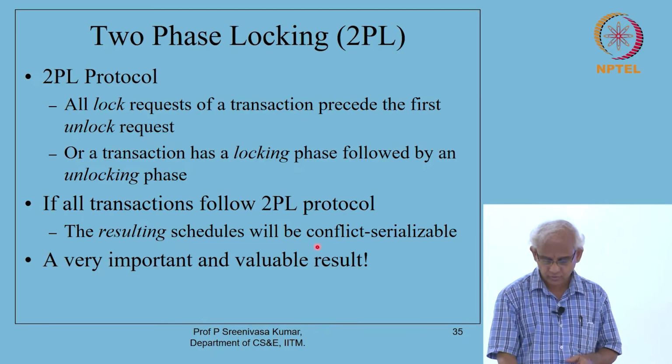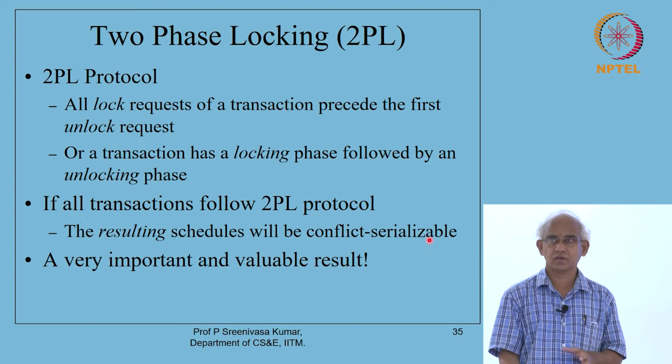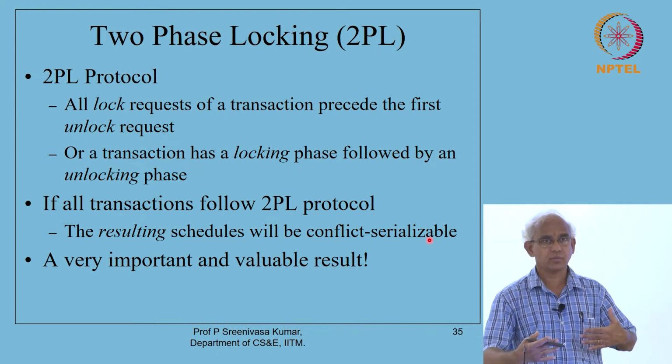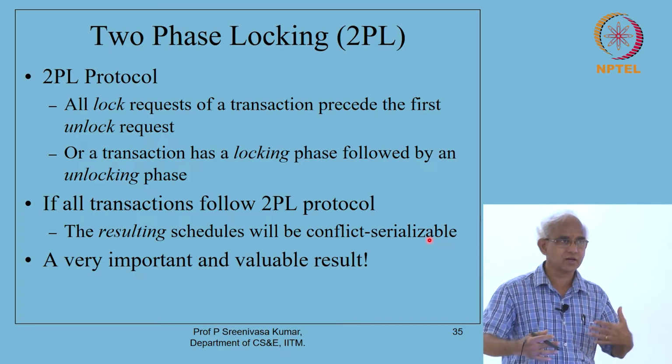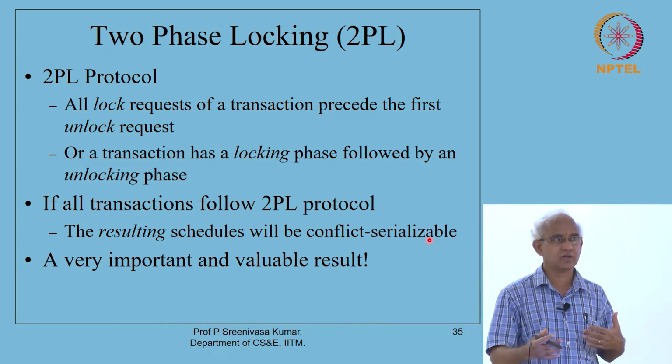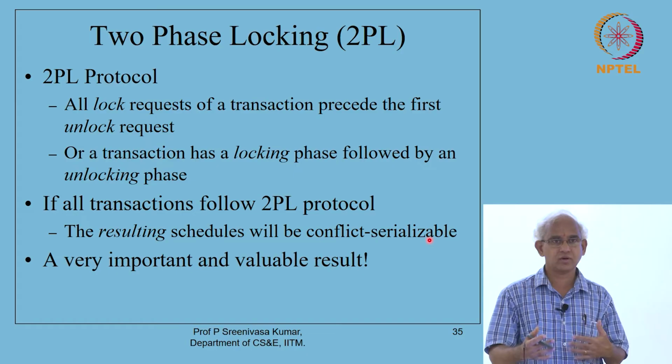This is a beautiful way of realizing conflict serializability. Otherwise, what option do you have? You have to stop, look at the history, and check whether the history that has happened is conflict serializable or not. That is not practical.